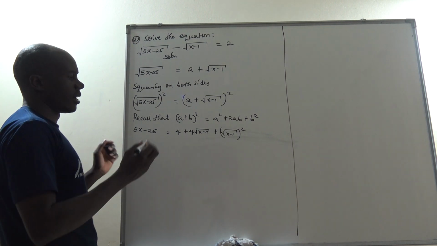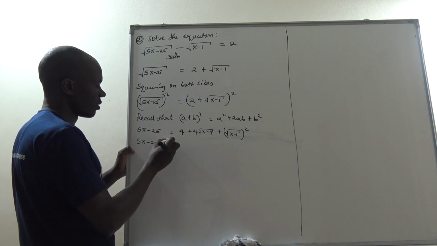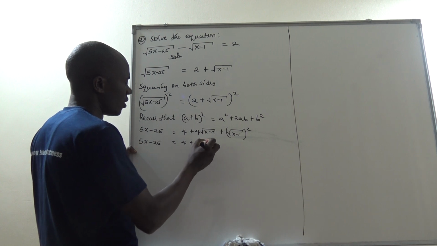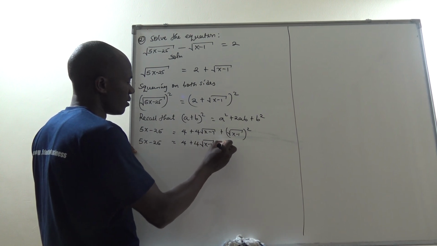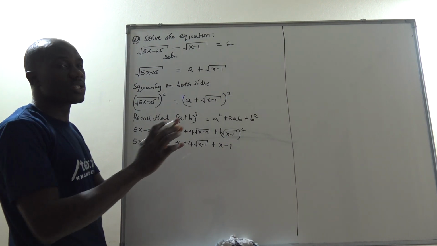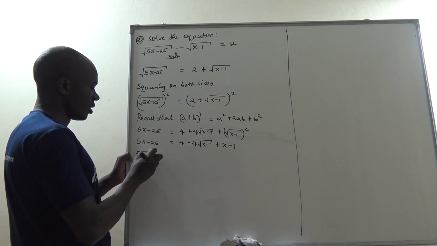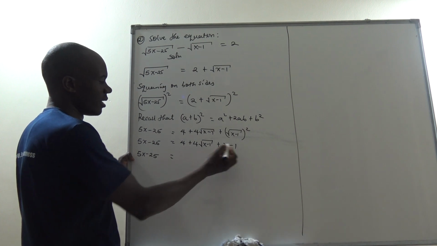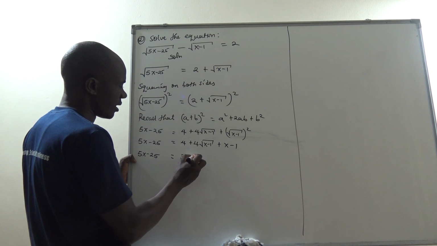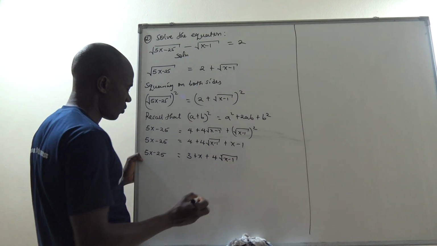So can we go ahead and expand? We are getting 5x minus 25 equals 4 plus 4 root of x minus 1 plus x minus 1. Again, we collect like terms on the right hand side. So 5x minus 25 is the same as 4 minus 1, we are getting 3, plus x, plus 4 root of x minus 1.